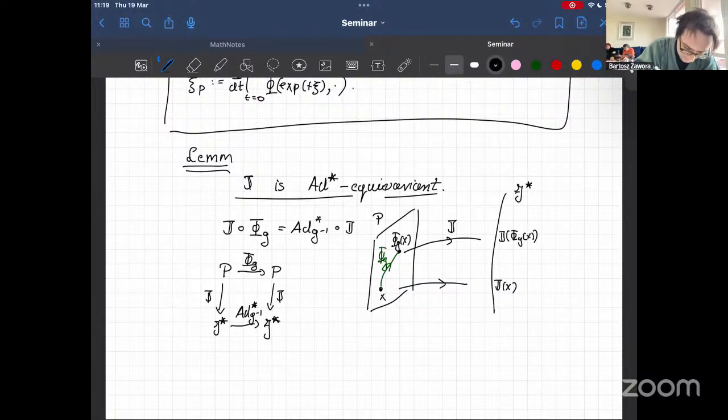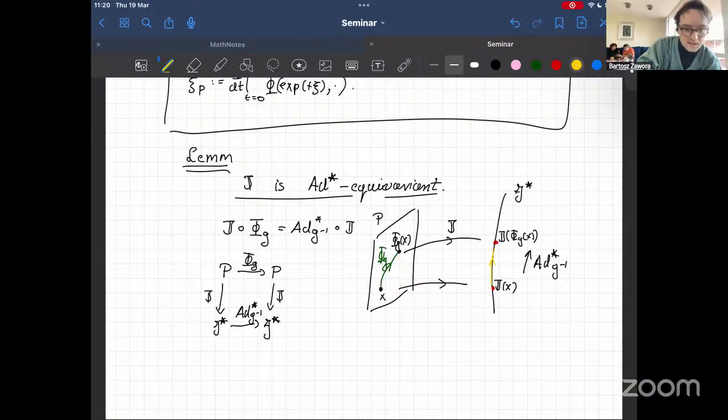This is related by the adjoint action, so we move from here to here by the dual adjoint action, g to the minus 1.